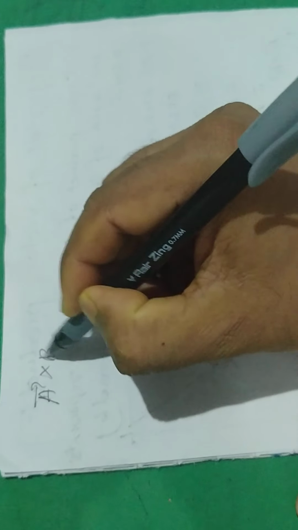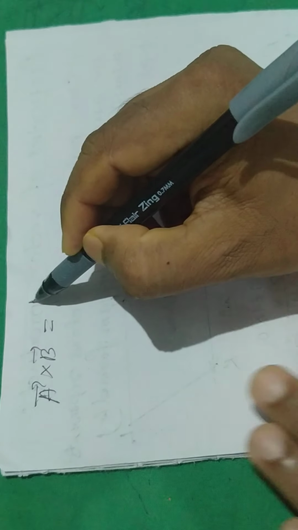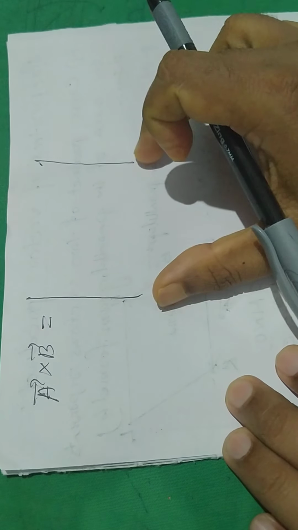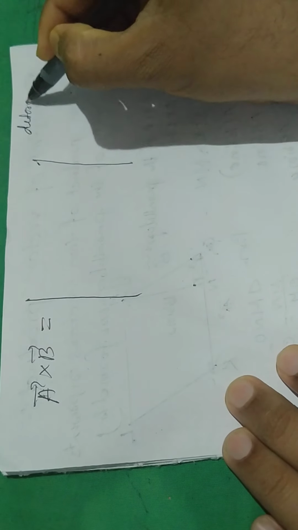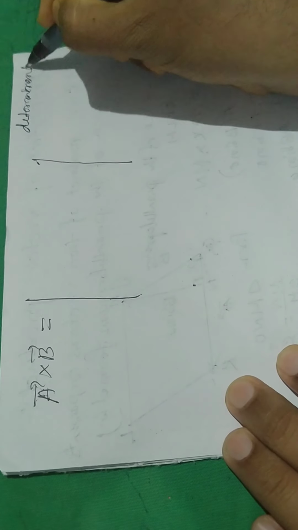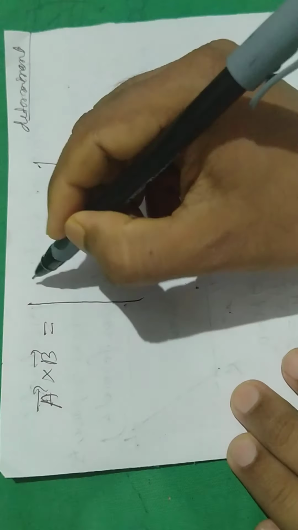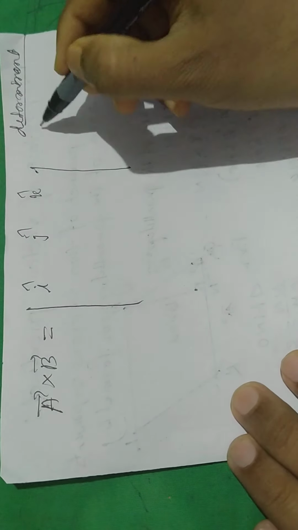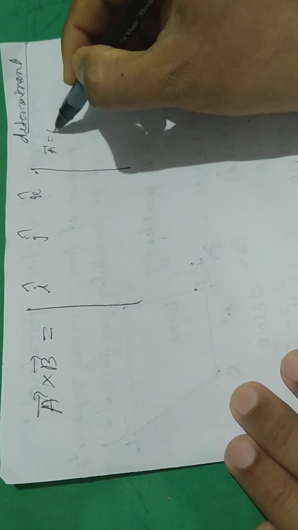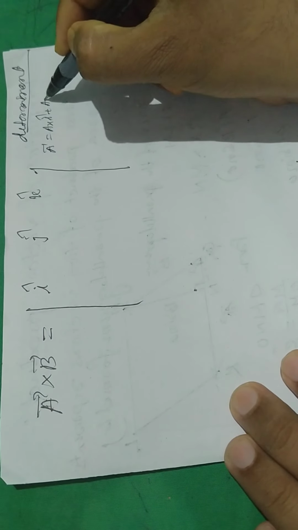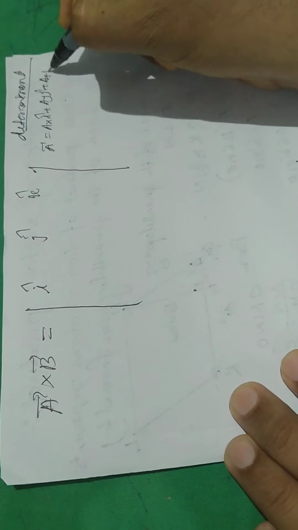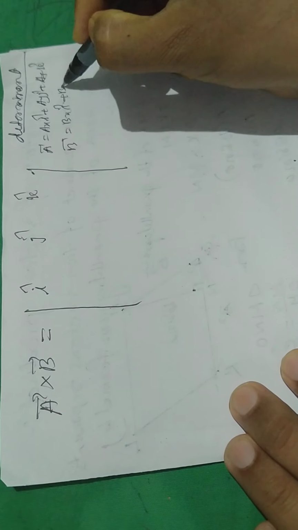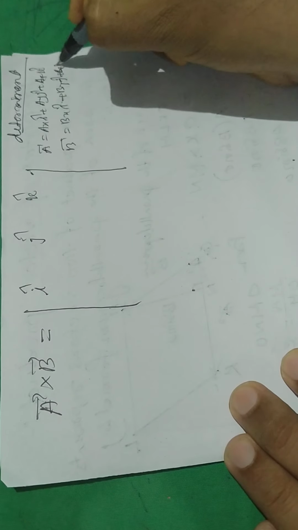Two parallel lines, this is called determinant. So the I cap, J cap, K cap. Here you see vector A is AX I cap, AY J cap, AZ K cap, and vector B is BX I cap, BY J cap, BZ K cap.